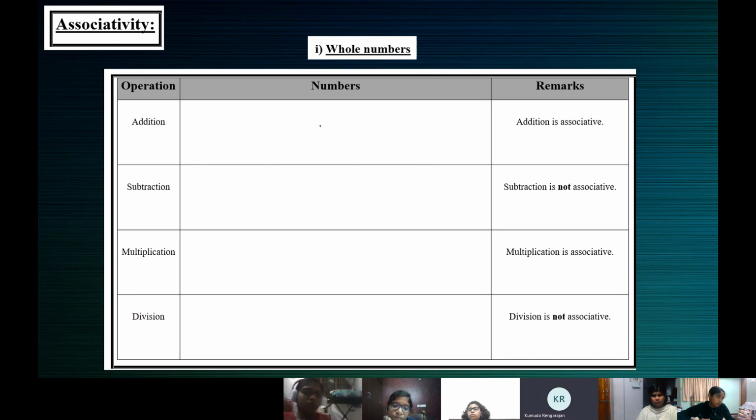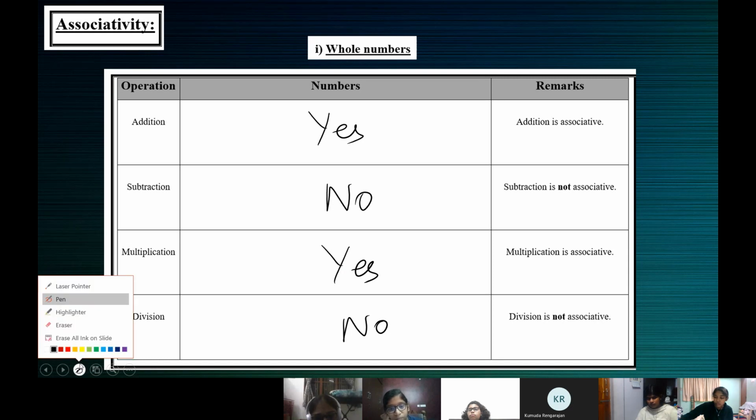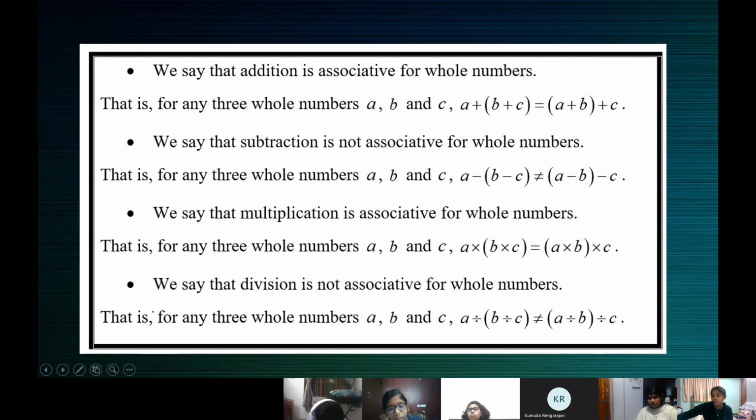So when you change the order, addition gives the same answer. Subtraction will not yield the same answer in both cases. Multiplication, yes. Division, no. That's what you see here.